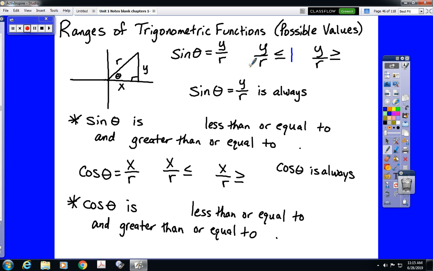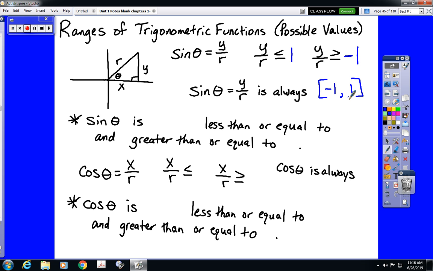Now the other possibility is that y and r could have different signs, which means that this fraction could be negative, which means that y over r will also always be greater than or equal to negative 1. So the fraction y over r is always between negative 1 and 1 inclusively.